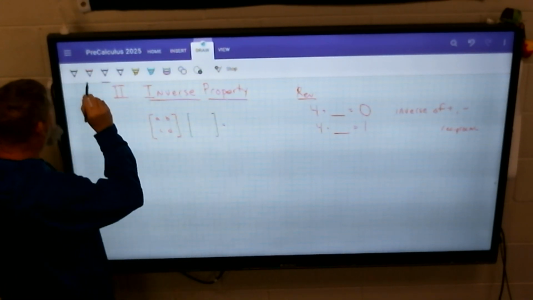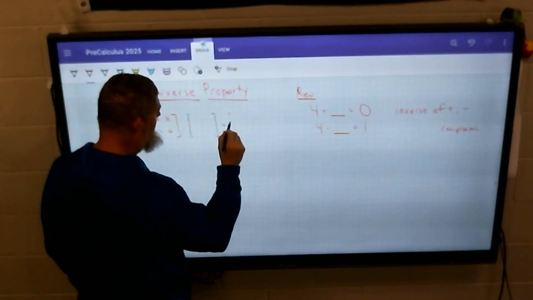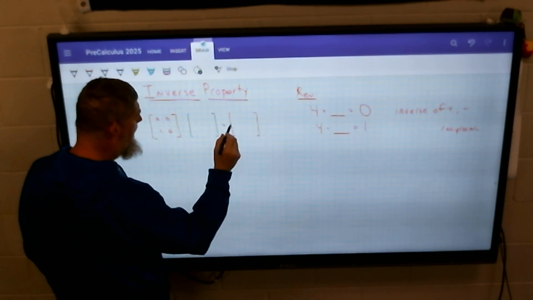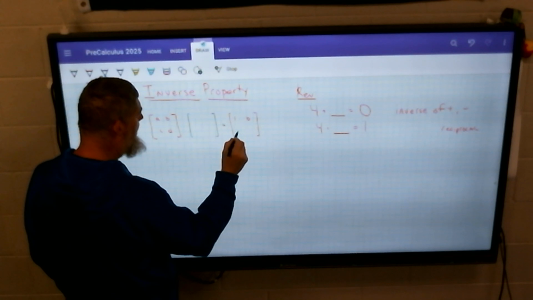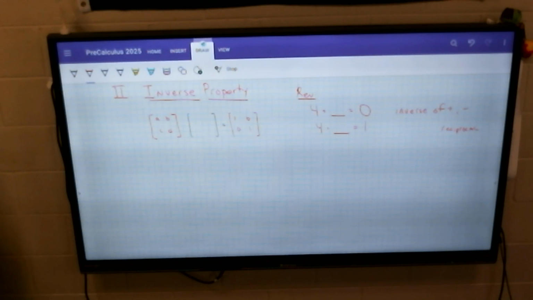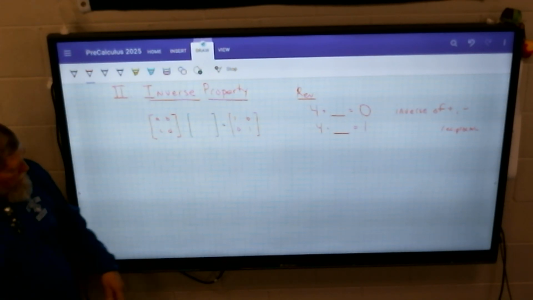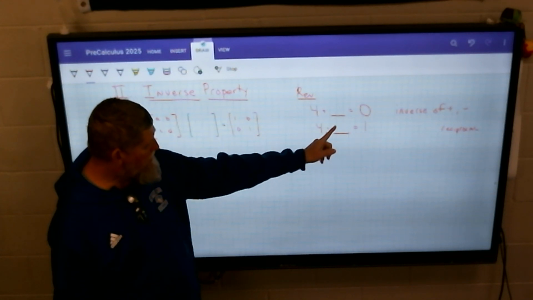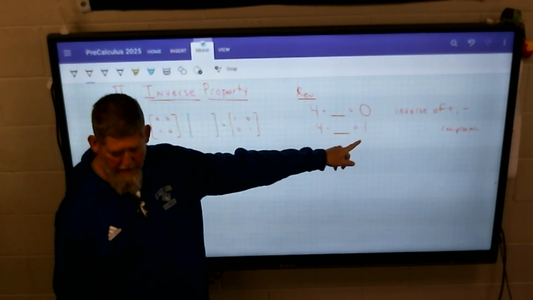And what do I want the answer to be? If they're inverses, what will the answer be? 1, 0, 0, 1. Exactly. If I take a matrix C times its inverse, it's going to equal the identity. Just like over here, 4 plus its inverse equals the identity. 4 times its inverse is going to equal its identity.